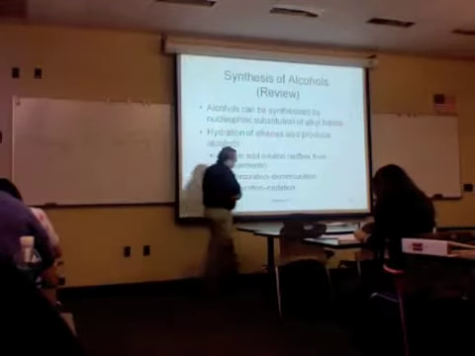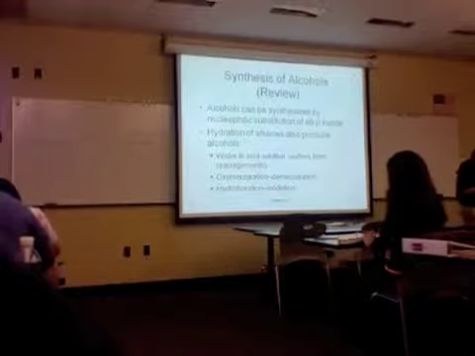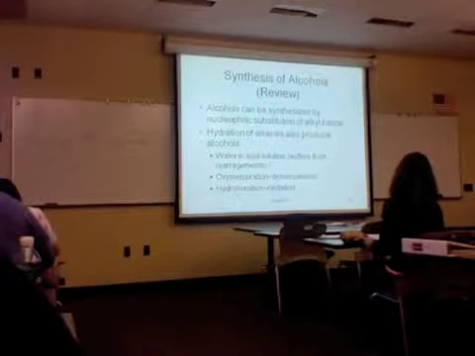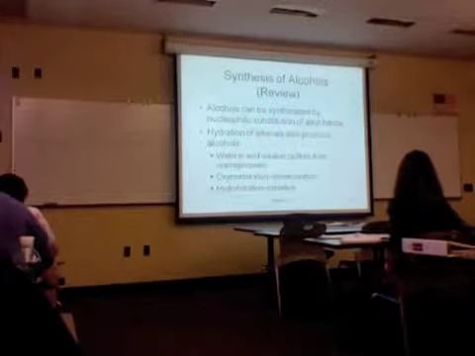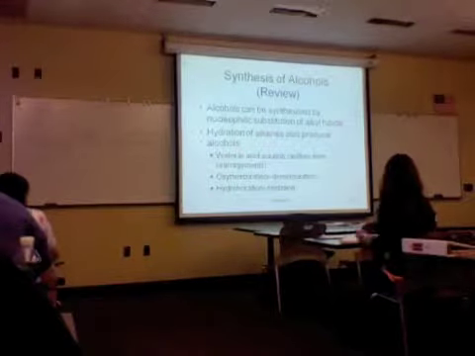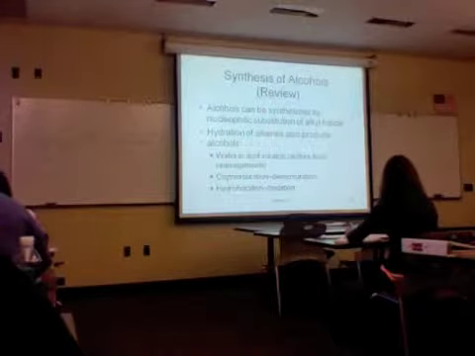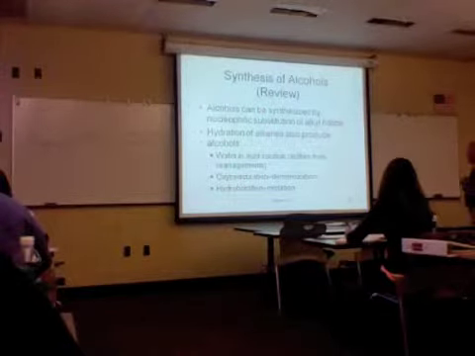The oxymercuration-demercuration reaction is what? Remember? It's another Markovnikov alcohol. I treat the alkene with mercury(II) acetate. And it's a two-step reaction. What's the second step?